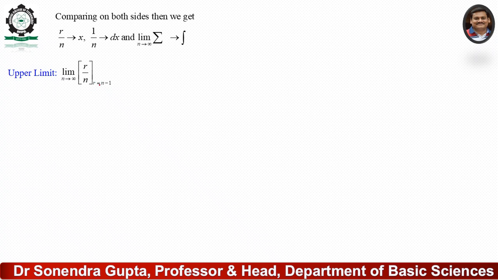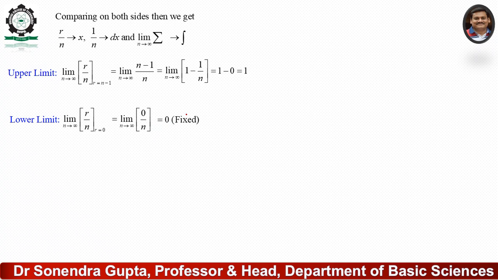Putting r equal to n minus 1, we get the limit as n tends to infinity of (n minus 1) upon n, which equals 1 minus 1 upon n, that means 1 minus 0, that is 1. For the lower limit, in the summation we have r equal to 0 as the lower value, so we put 0 upon n, which is 0. In summation of series questions, the lower limit is always 0.